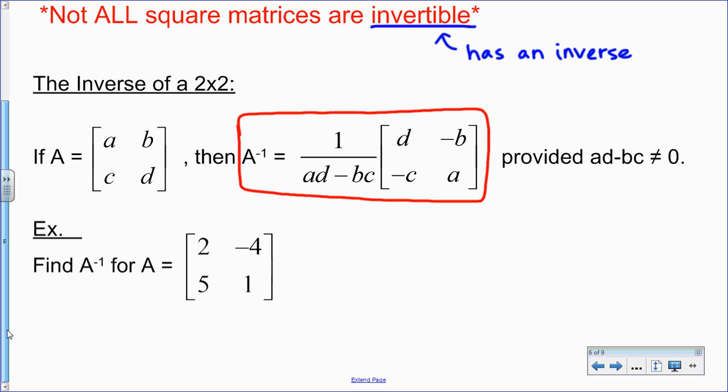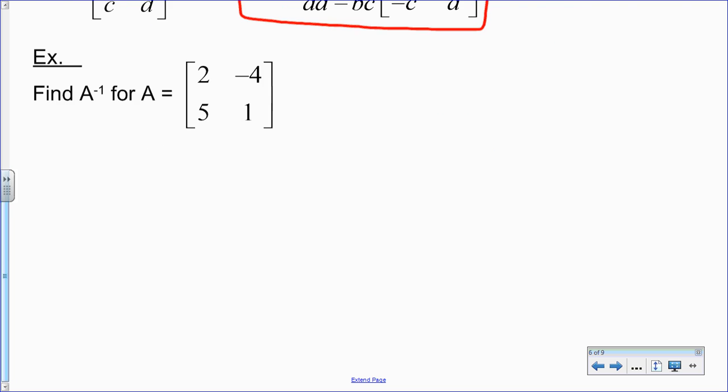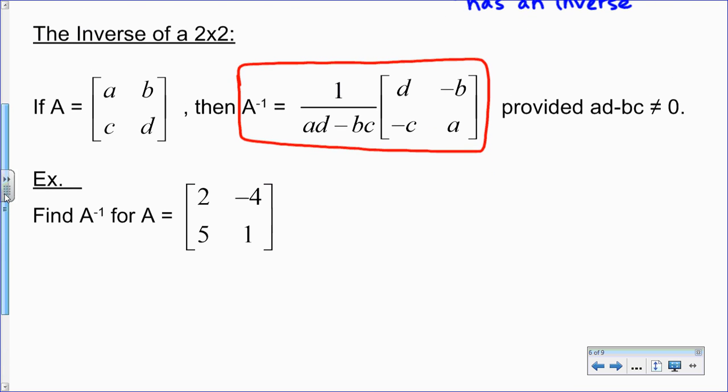Okay, so let's do this example. Find A inverse for A. Okay.